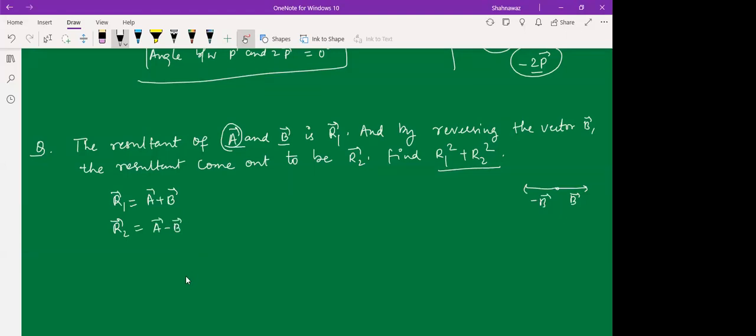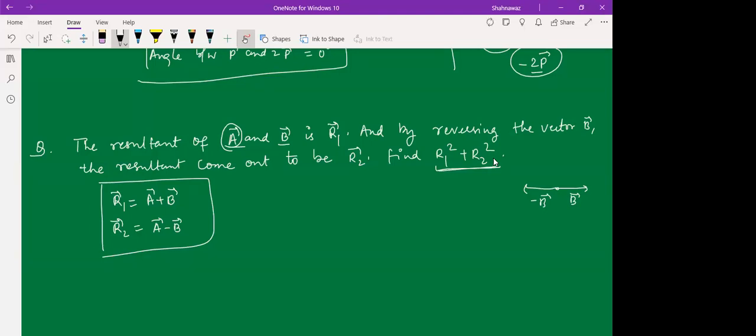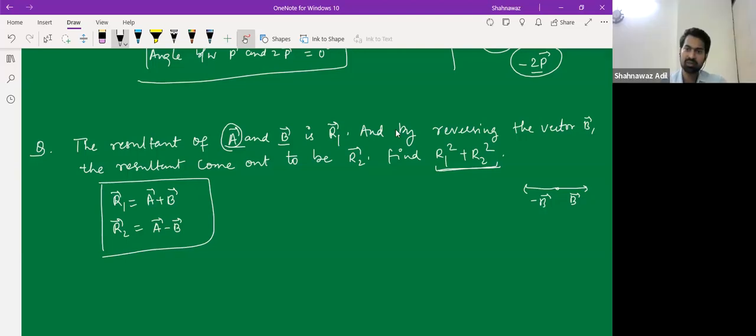Yes, sir. Now you tell me what would be R1 square and R2 square. Okay, sir. Just find out and tell me. Finally, you see that these are magnitudes, right? R1 is the magnitude, R2 is the magnitude. So just think about the magnitudes of the vectors. Okay, sir.